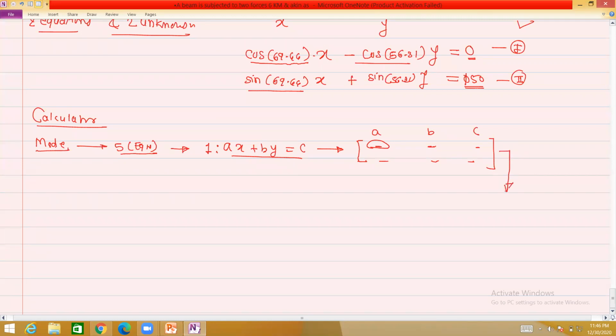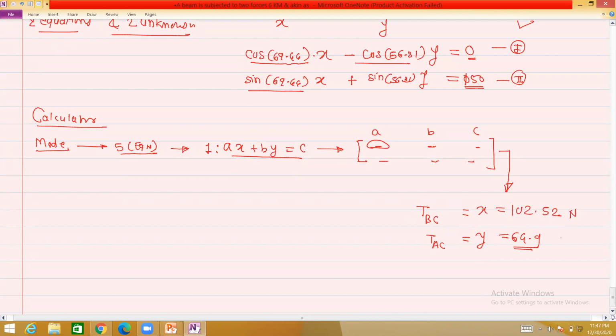So you will directly get the answer. X is equal to 102.52 and Y is equal to 64.9. What is the meaning of X? X means tension BC and Y means tension AC.